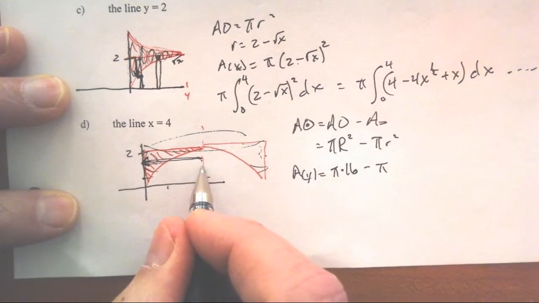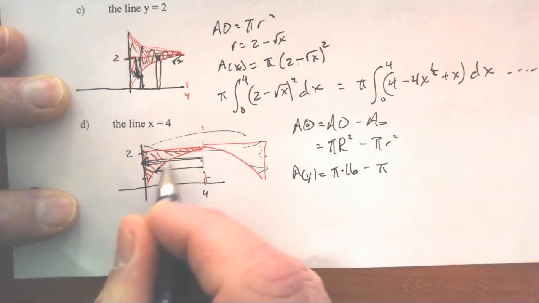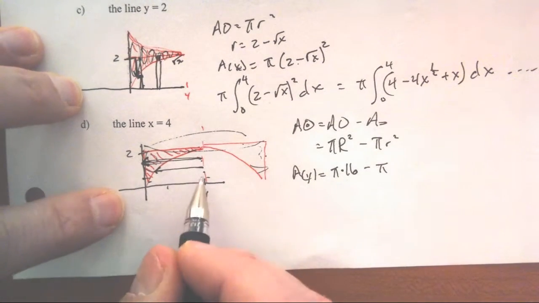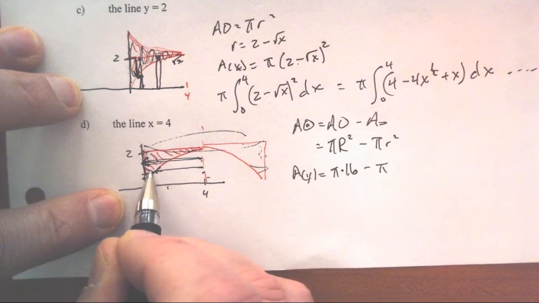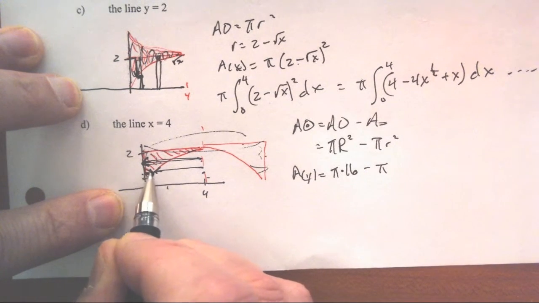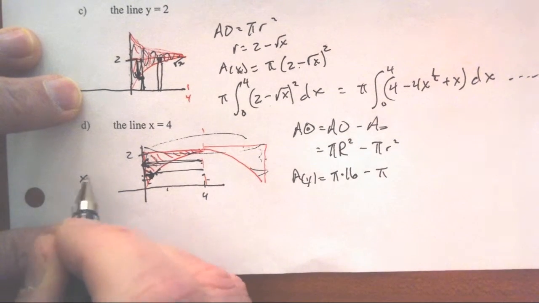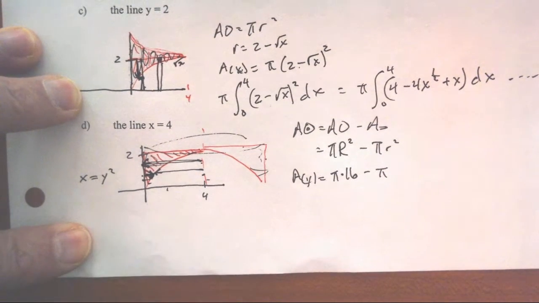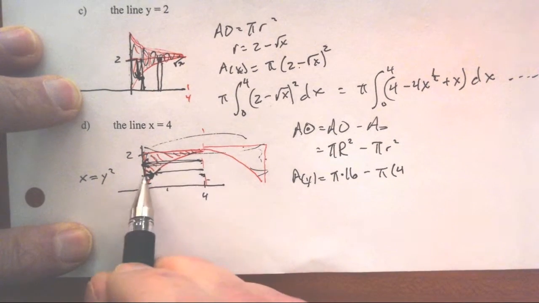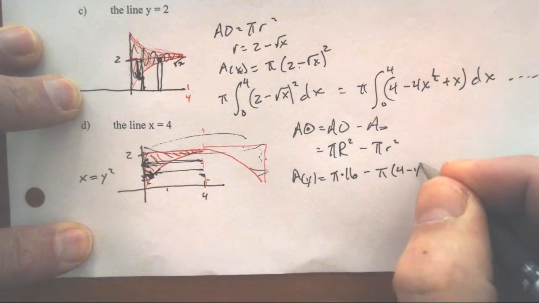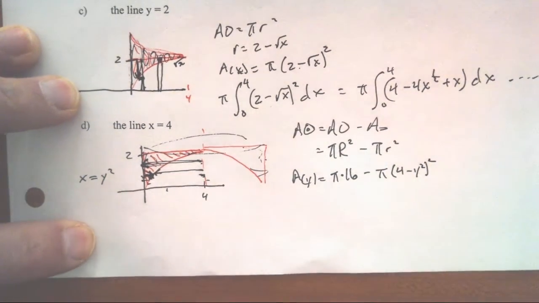Now, the radius of the rotation along this curve, I could get there by saying it's 4 minus that distance. That distance is an x distance, but as we mentioned earlier, x equals y squared. So this would be 4 take away y squared, squared.